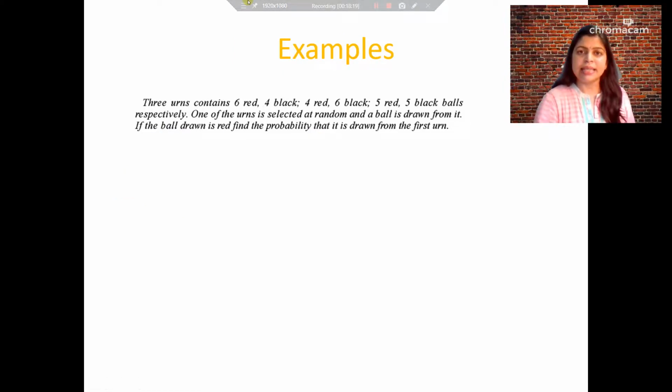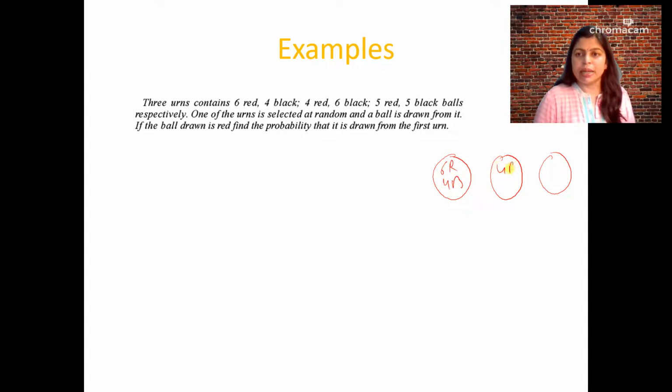So here is my example: 3 urns contain 6 red and 4 black, 4 red and 6 black, and 5 red and 5 black balls. Let me draw it. There are 3 urns or bags. Now one of the urns is selected at random and a ball is drawn from it. So we don't know which one is selected.